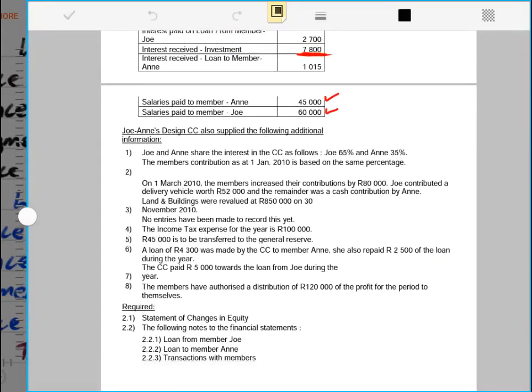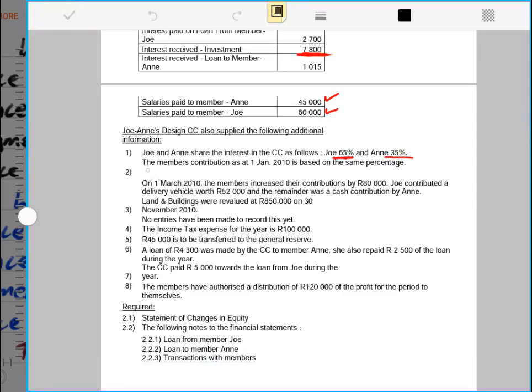Now we come to the additional information, where they say Joe and N's Design CC also supplied the following additional information. Number 1, Joe and N share the interest in the CC in the ratio of 65% and 35%, or in the members' interest of 65% and 35%.